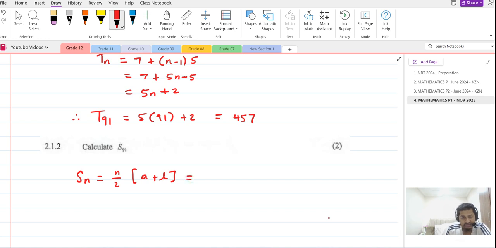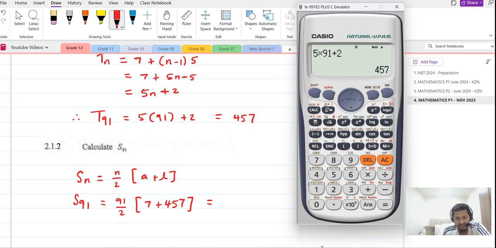So S91 is 91 over 2, a is the first term, which is 7, and the last term is 457, right? And I will just get this answer on the calculator. 91 over 2 into 7 plus 457.